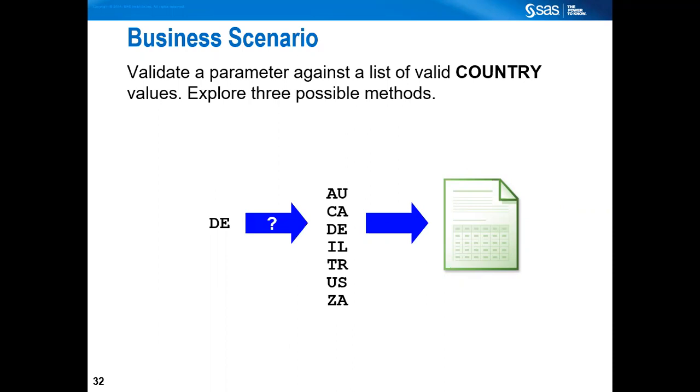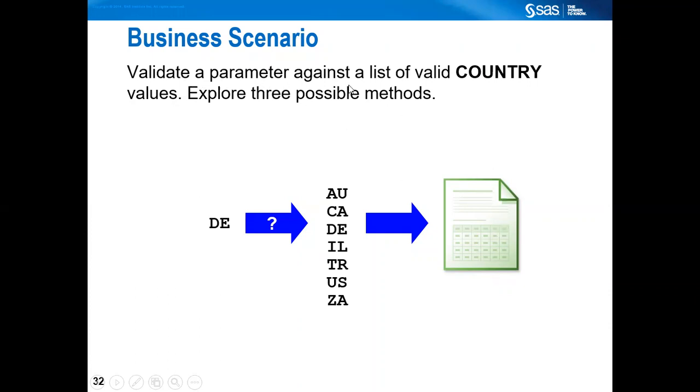We have in your data various country IDs or codes. So among the list of your country codes, when you call your macro with this DE value, is it a valid country code parameter value? That is why we are getting the report.